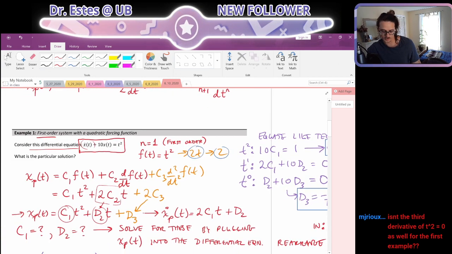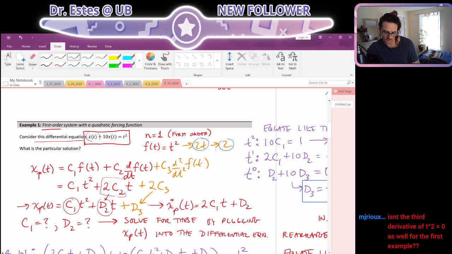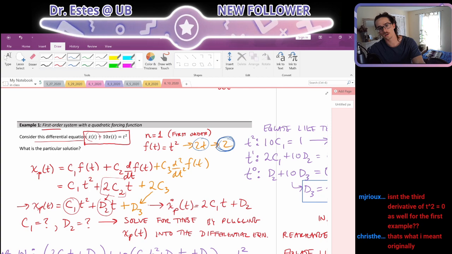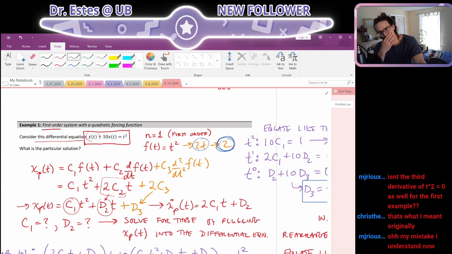But this example was different because this derivative that I included was non-zero, so it did affect the answer. Chris says, that's what I meant originally. Oh, I see.